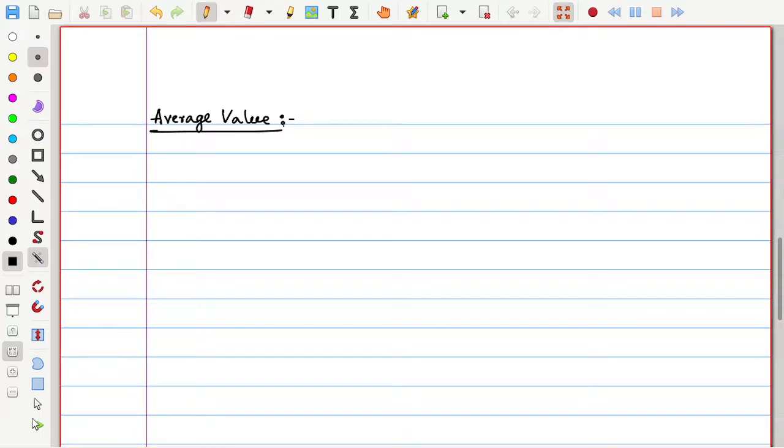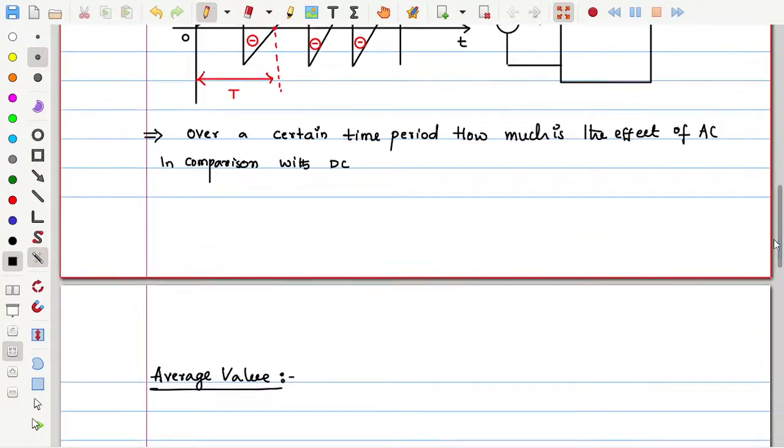Then later we think of what will be the corresponding values which justify this statement, that over a certain time period, how much is the effect of AC in comparison with the DC. So that comparison is done in terms of these values. One is average value, and one more I will introduce is the RMS value.